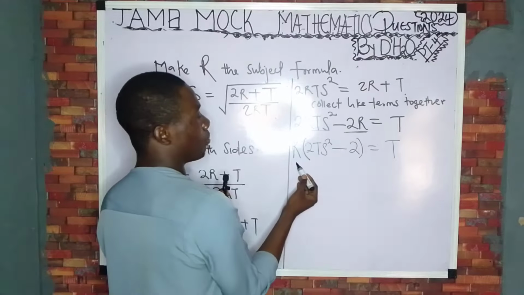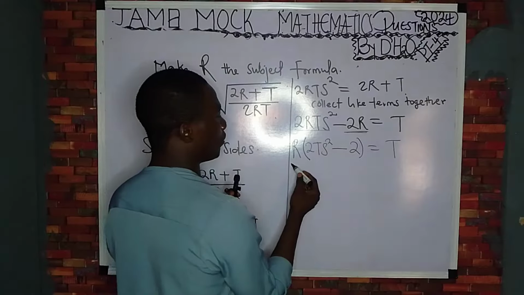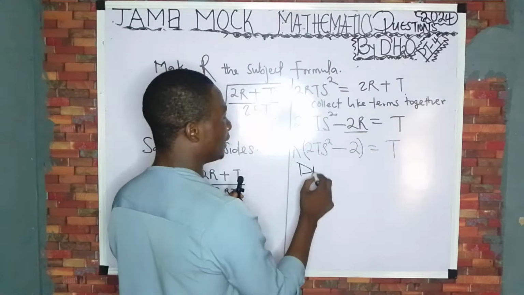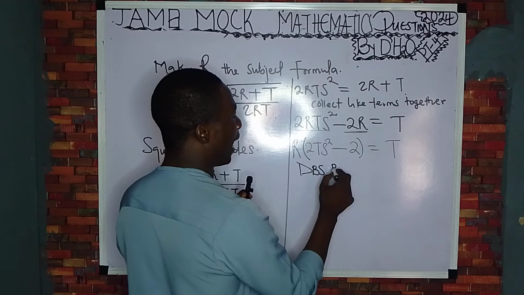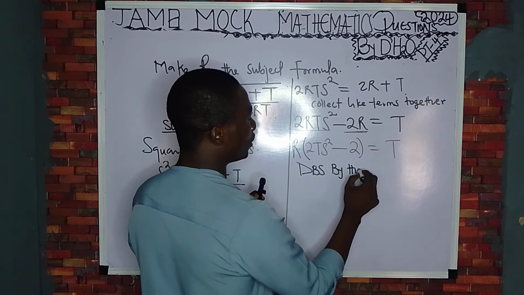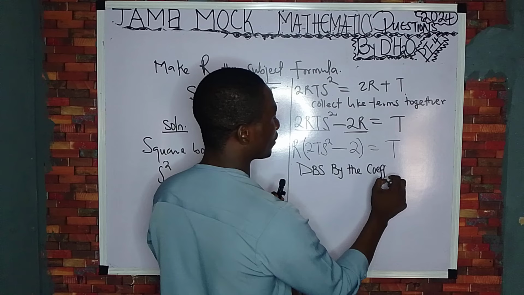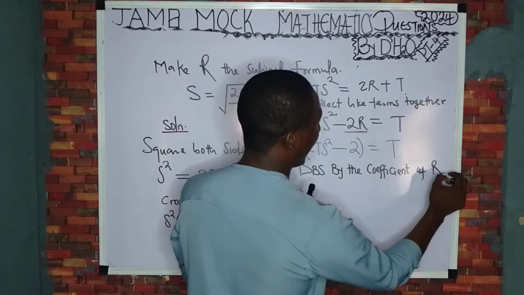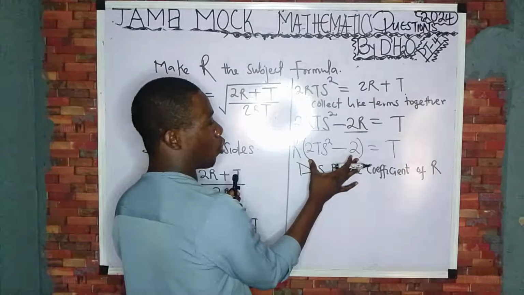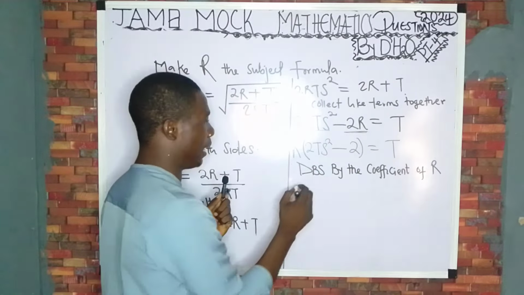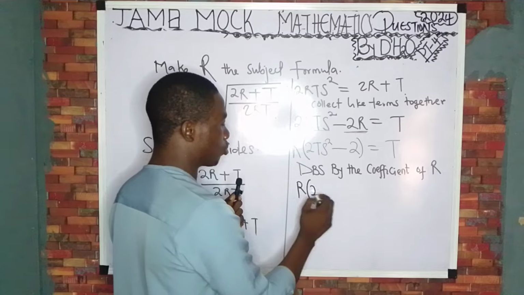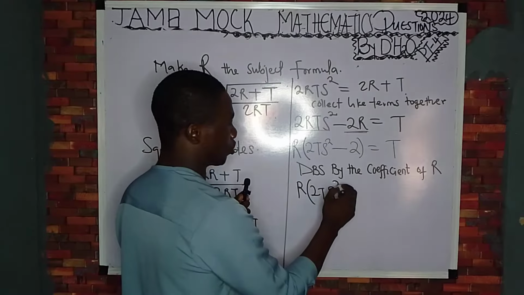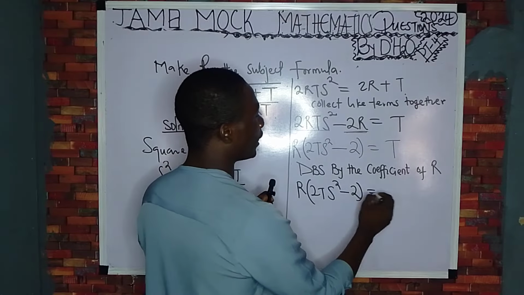Since we have to make r the subject of the formula, we divide both sides by the coefficient of r. And if you are doing that, everything here is a coefficient of r. So we have r bracket 2x squared minus 2 equals t plus t x squared.